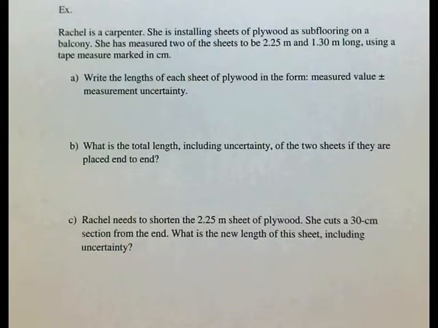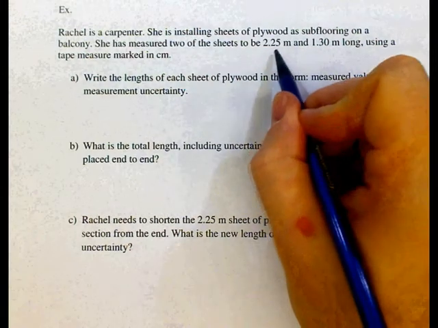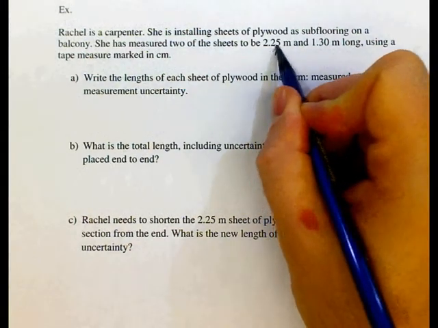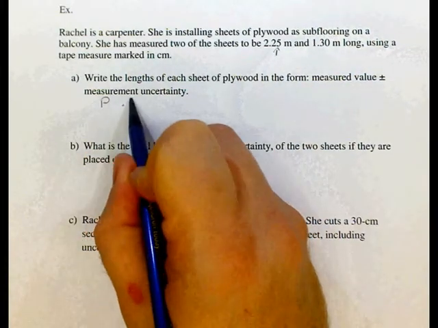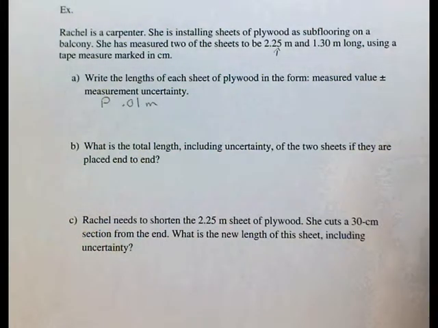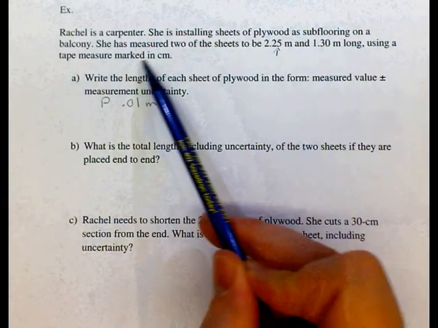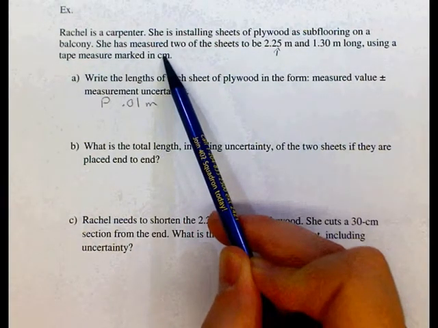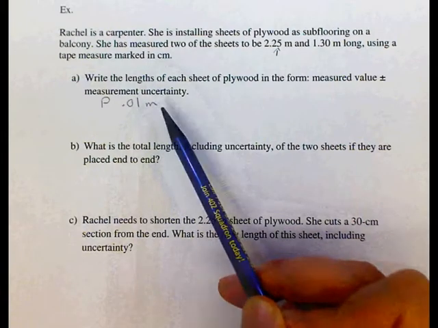So let's look at the first piece, the 2.25. What's the precision? Well, the final decimal place, precision, is 0.01 meters. If we read the question, we see that the tape measure was marked in centimeters. Well, 1 centimeter is the same as 0.01 meters.